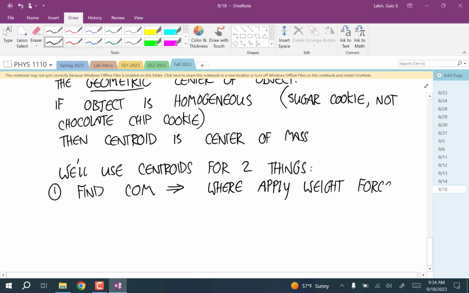So far, all the objects we've dealt with have been very symmetrical shapes, and so you can just eyeball where the middle is, rectangular shapes and stuff.